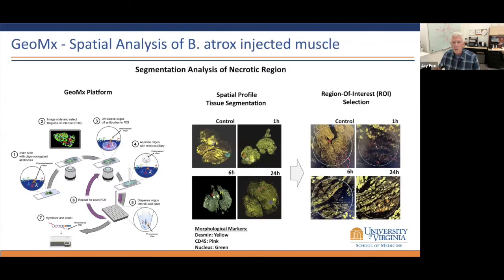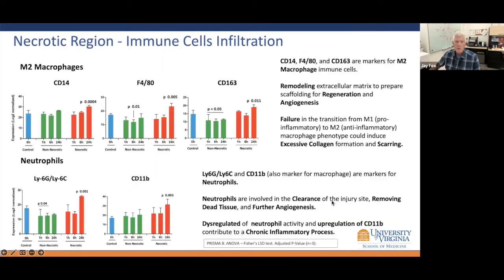I'm going to briefly tell you about our final area of interest, and this is looking at spatial analysis of the effect of venom in muscle. We take a region of interest, and we go in and look at the proteomics of a particular region. What we're looking at is the disrupted necrotic region, adjacent region, and then distal region.